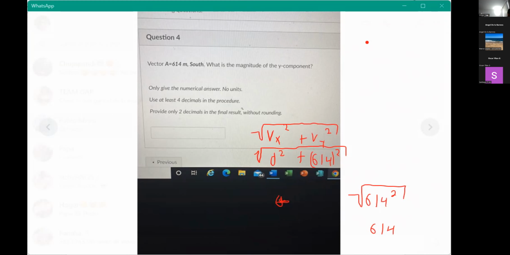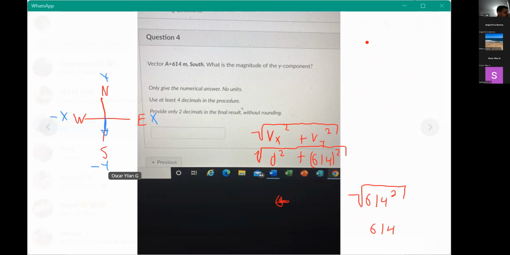Because if you remember how north, south, east, west work, and they are asking you a vector that is 614 meters to the south, like this, right? If we translate it, this is y, this is x, this is negative x, this is negative y.